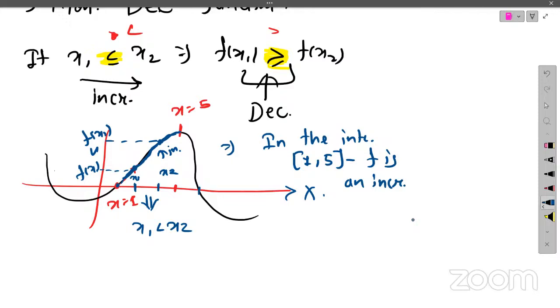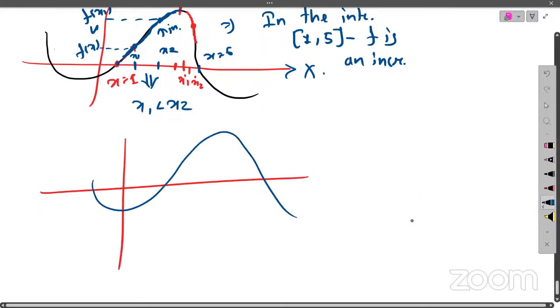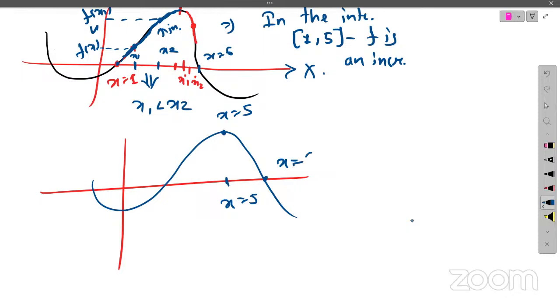Now similarly, observe this interval, suppose this is x equals 6. Let's draw the same figure here. This is x equals 5, and this is x equals 6. In this interval, if you take any 2 points, suppose x1 and x2, then x1 is less than x2.